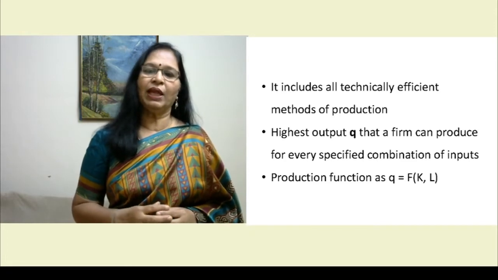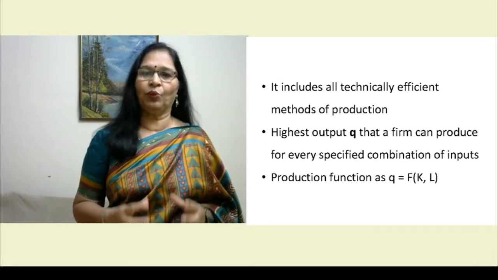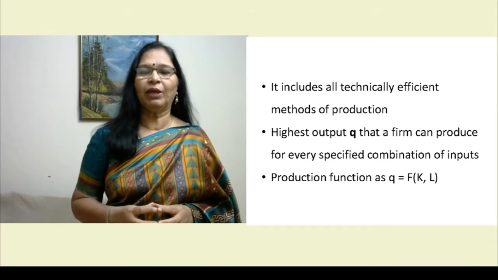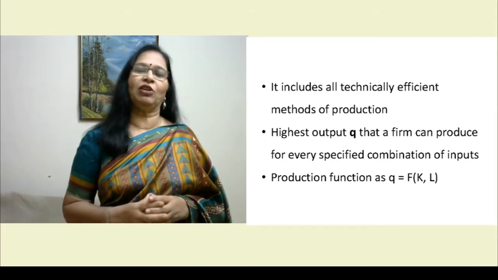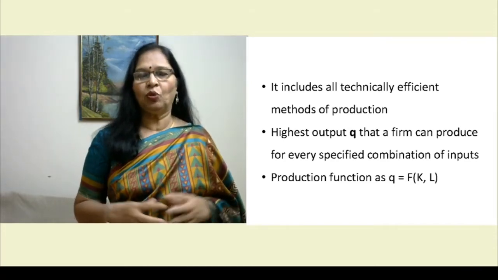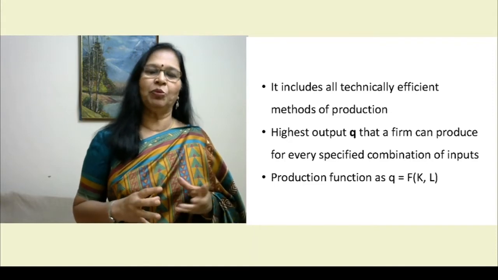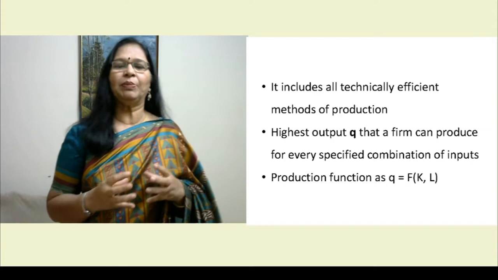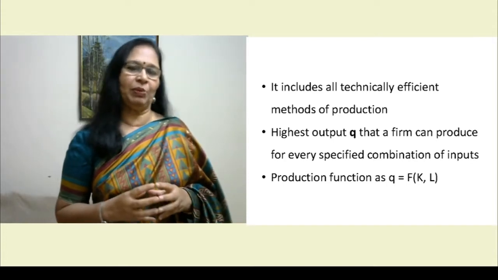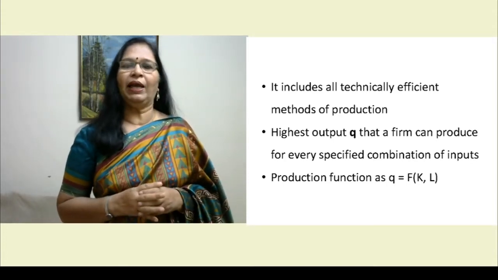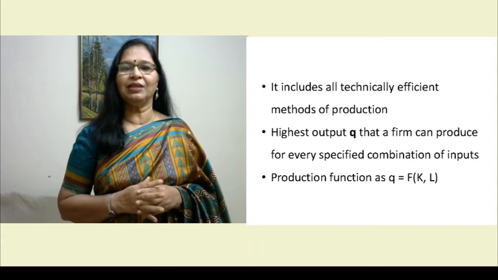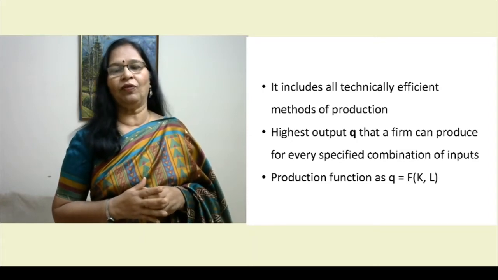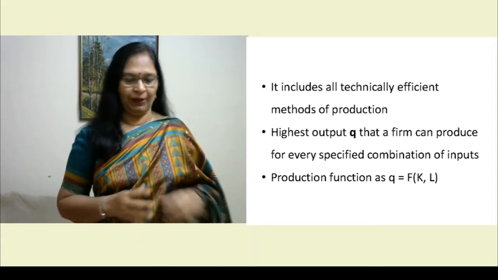It also says that the highest output quantity Q that a firm can produce for every specified combination of input. So once we combine the various inputs in a certain combination, what is the maximum output that can be produced of that particular combination? And the production function is usually written as Q as a function of capital and labor.